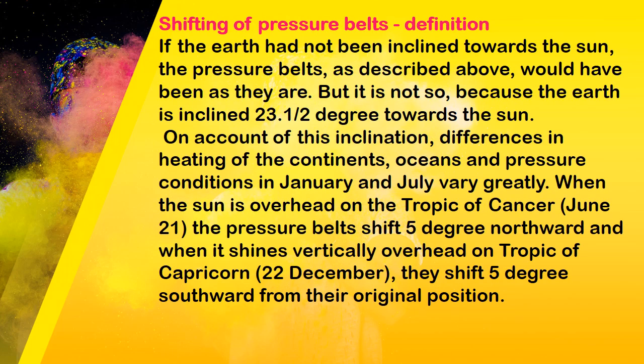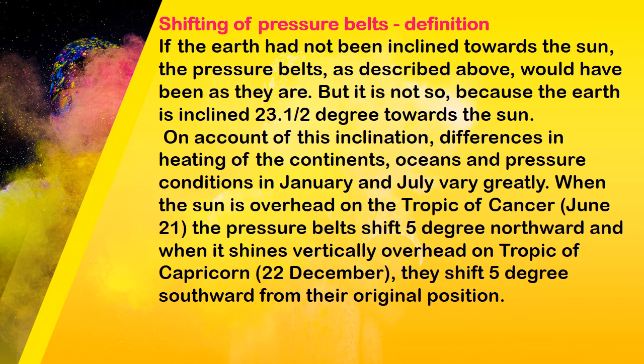So, shifting of pressure belts. Why do these belts shift? The reason is, if the earth had not been inclined towards the sun, the pressure belts as described above would have been as they are.